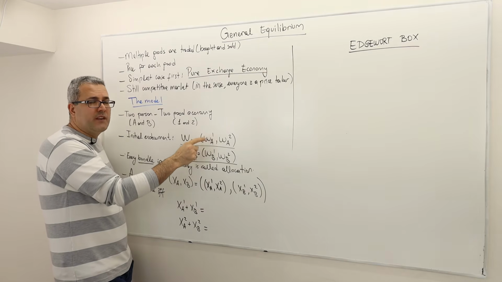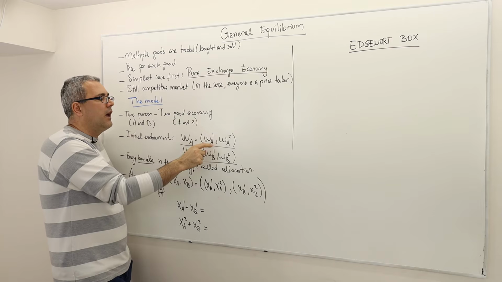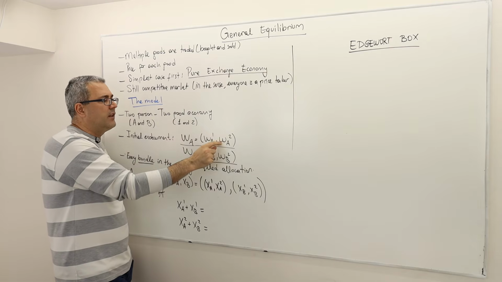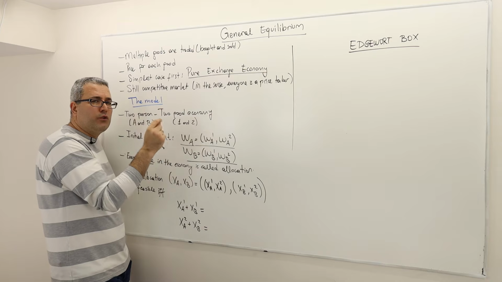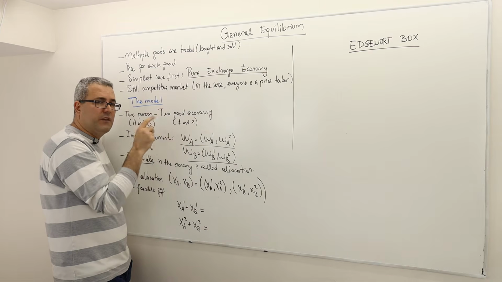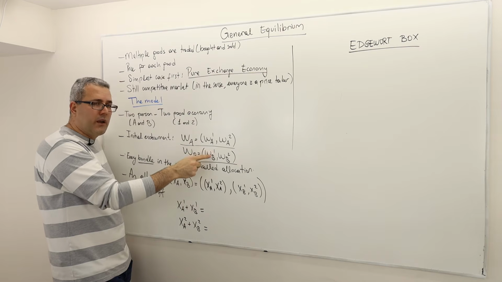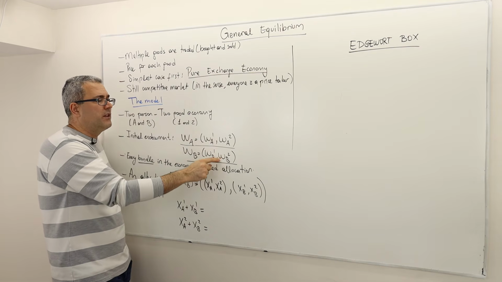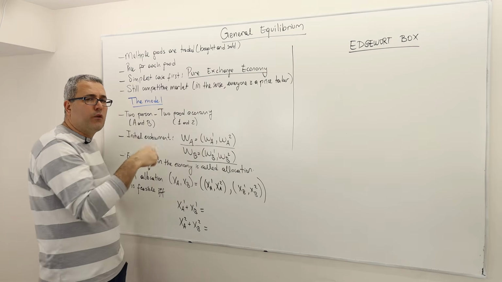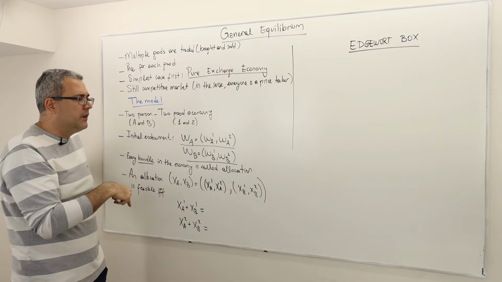WA1 is the amount of good one she brings, and WA2 is the amount of good two she brings to this market. WB1, symmetrically, is the amount of good one person B brings, and WB2 is the amount of good two person B brings.